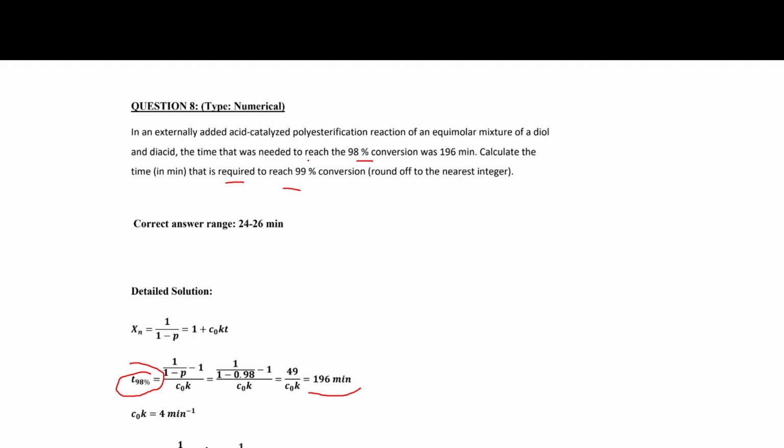So here your T will be 99%. From T 98%, if the conversion is given, you can easily calculate the ratio between the concentration and the rate constant. From C0 k, it will be 4.